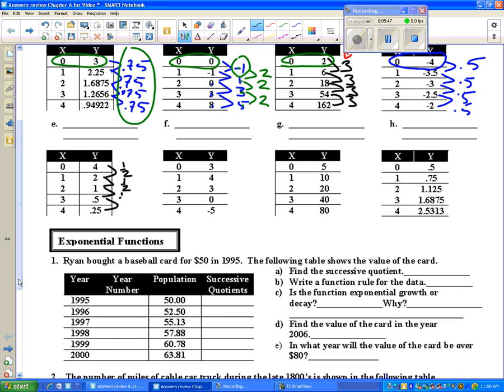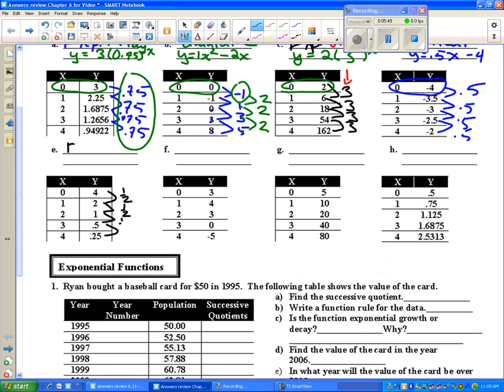My successive quotient is the same. So this is exponential. Since this is 1/2, it's exponential decay. y is equal to my a is y when x is 0. So that's 4 times my b is 0.5 or 1/2 to the x power.